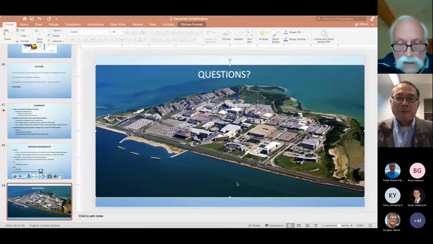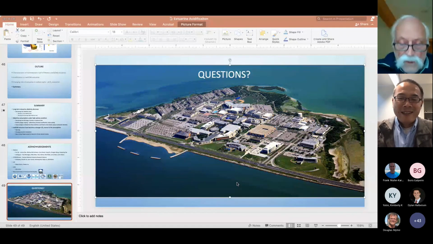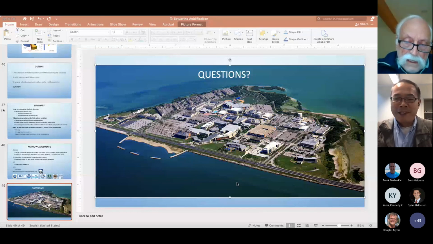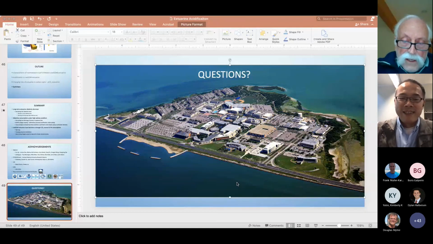That's the best we could do, because there was no information on how much non-carbonate alkalinity may be there in these estuaries. But that's a great question, and that's something we need to work on in the future. There are always many more things to do. Yes, definitely.